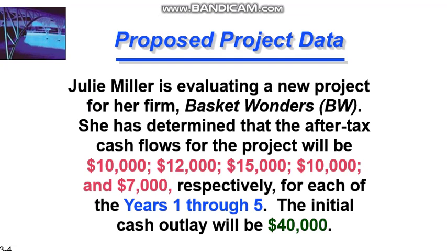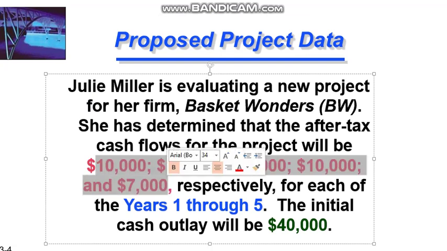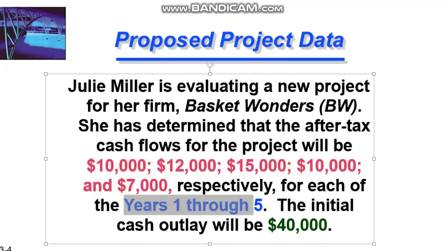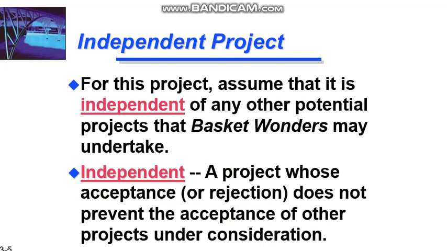These are forecasts for the next 5 years, for each of years 1 to 5 respectively, and the initial cash outlay was 40,000.